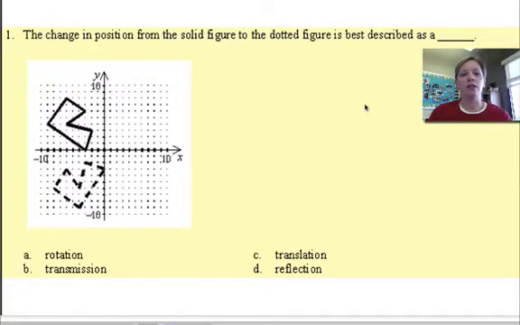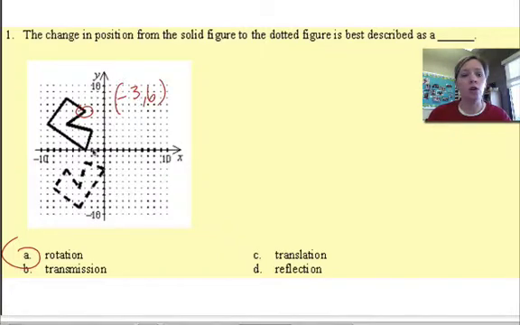So here we're looking at the change in position from the solid figure to the rotated figure, or the solid figure to the dotted figure. And in this case, this is a rotation, but in order to really tell that it's a rotation, it's really helpful to look at two corresponding points. So for example, the coordinate of this point is -3, 6.